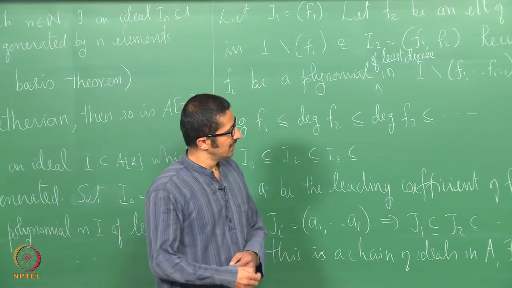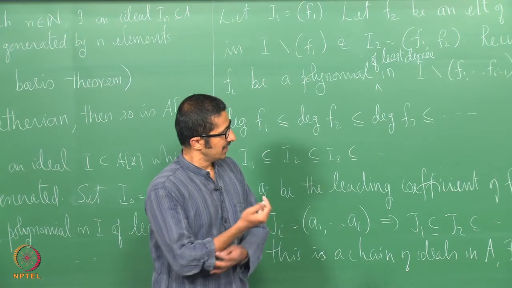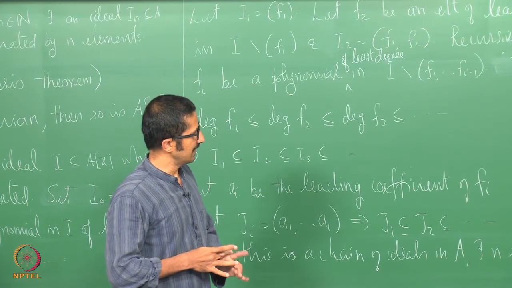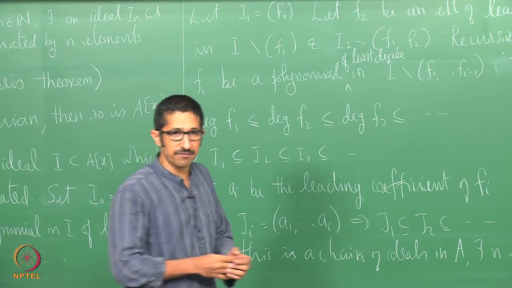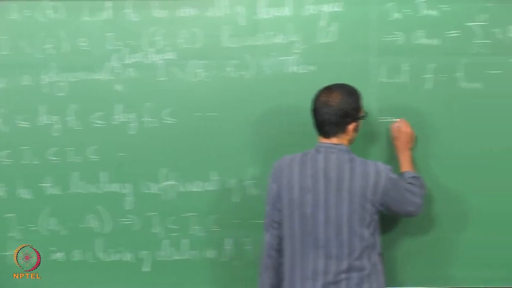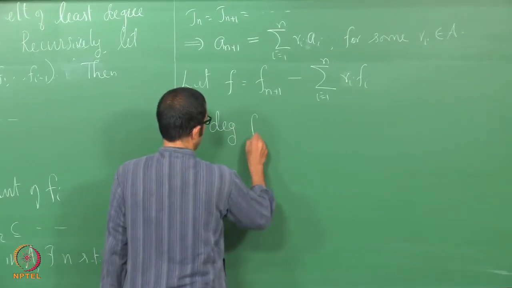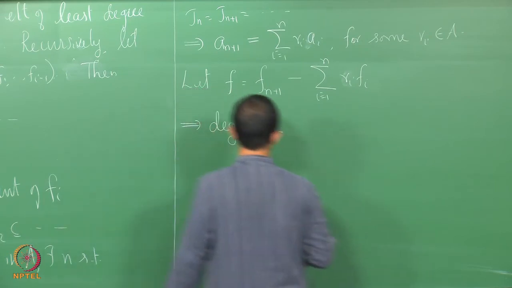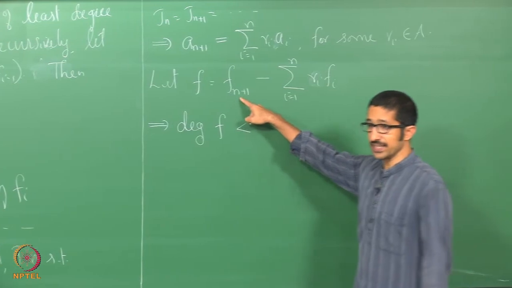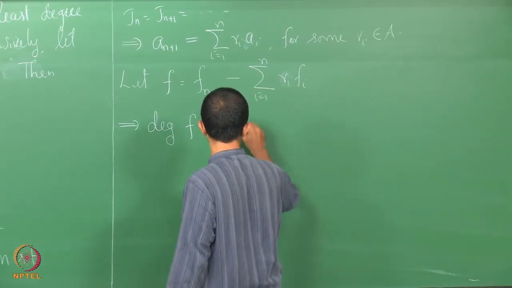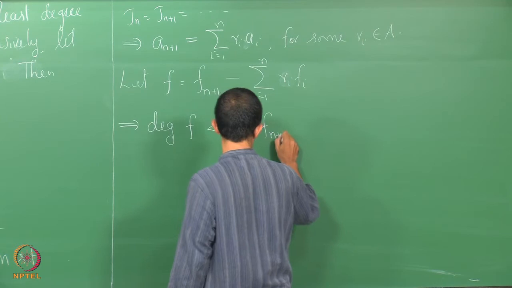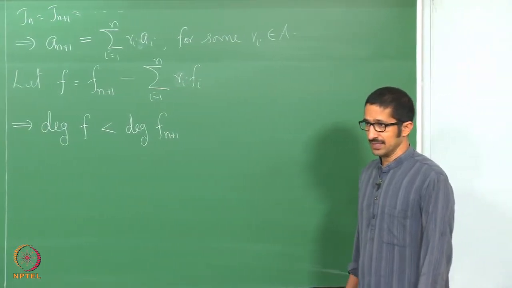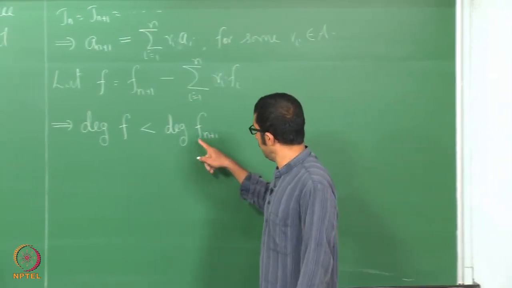Now what can you say about this? Degree of f is strictly less than degree of f_{n+1}. What does that mean?